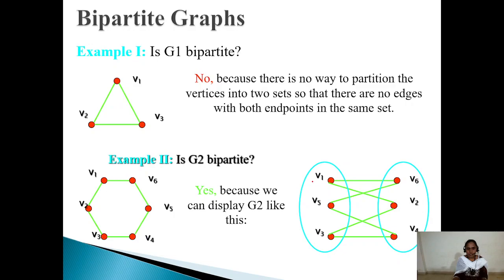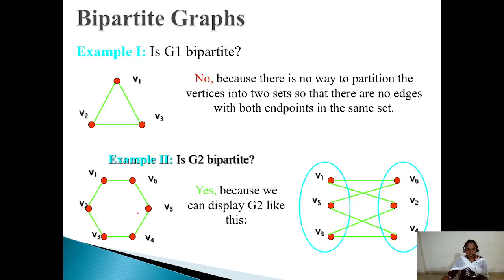Bipartite is over. See one example. G1 is not bipartite, because there is no way to partition it into two sets so that there are no edges with both endpoints in the same set.